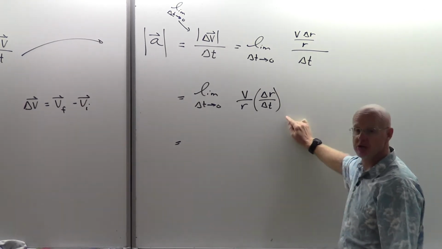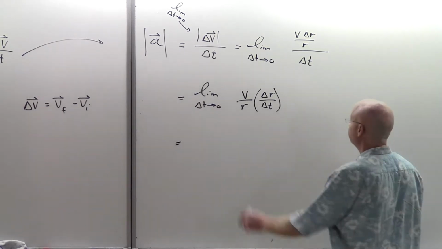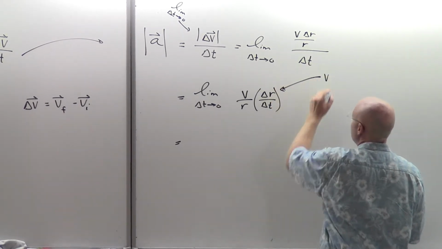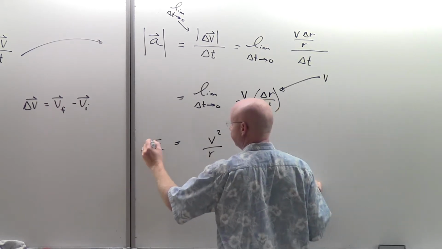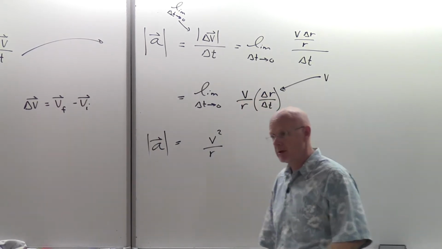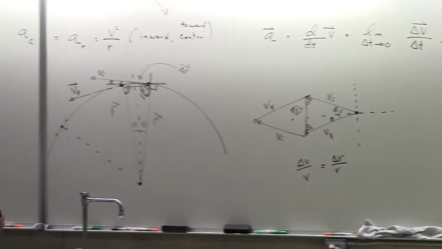How position changes with time. Isn't that velocity? So that is velocity, and I have v squared over r. There it is, the second half of the proof I said I would give you.